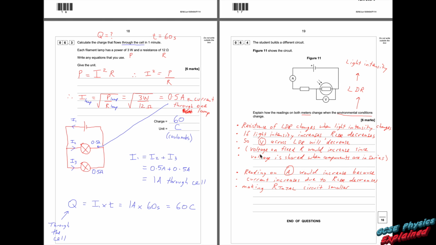Now remember, the voltage on the fixed resistor would increase since voltage is being shared when the components are in series. So if this voltage goes down, then that voltage would go up. They're not really interested in that because they're only interested in what's happening on these meter readings. But just in case they ask you next time, these two components are in series.